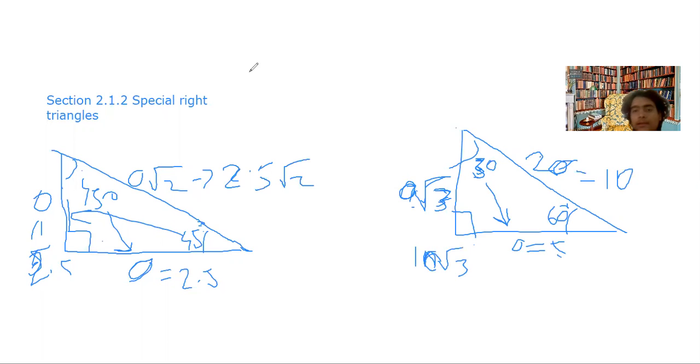So yeah, these are easy. If I give you a problem on this, let's say the value of A for a 30, 60, 90 triangle is 12.